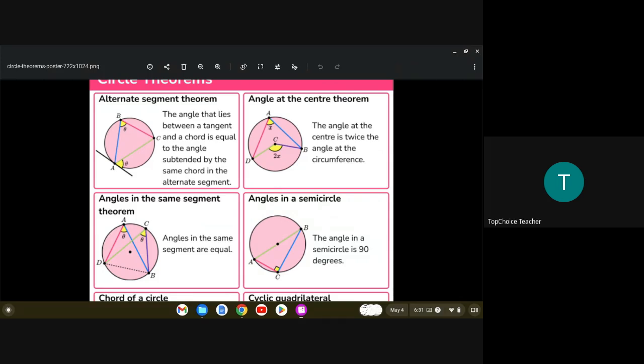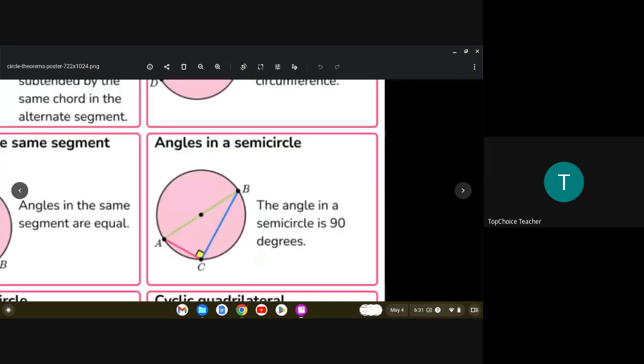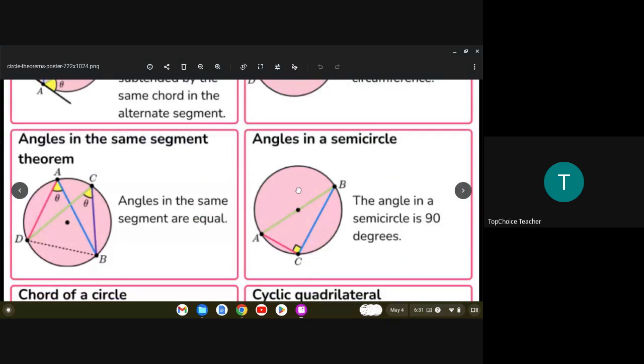So for our question, three of these theorems are important, right? The three theorems that are of importance, this one here, angle in a semicircle. What this is, that if we have a diameter line, this black dot is the center of the circle. This green line is a diameter, okay? It cuts the circle into two halves. One half is a semicircle, the other half is a semicircle.